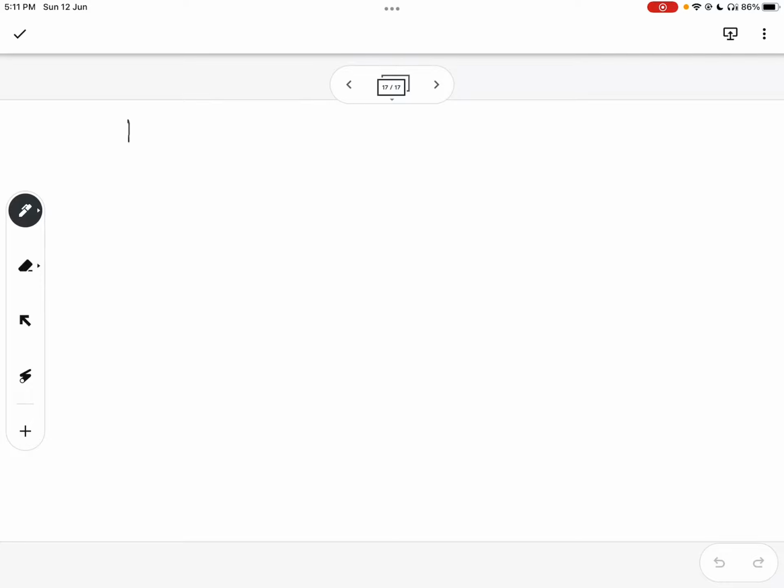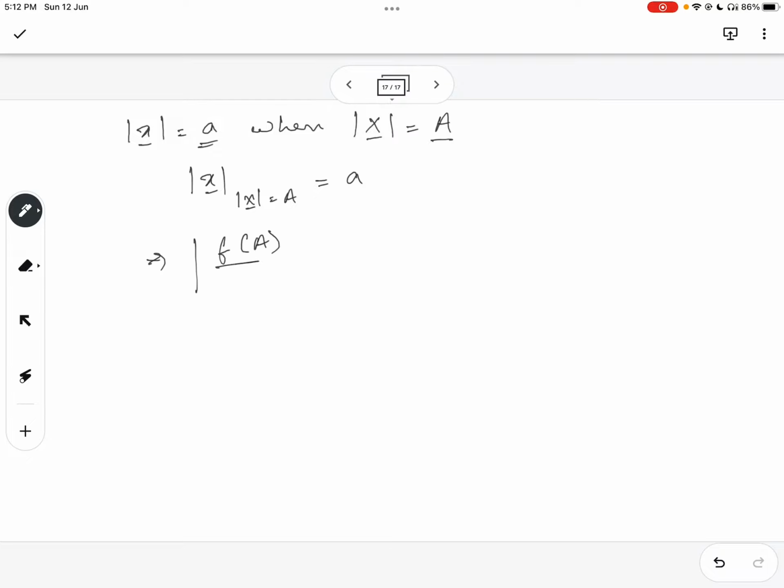So we know that mod of x is equal to small a when mod of capital X is equal to capital A. The spherical surface of the cavity of radius capital A is mapped via deformation chi to a spherical surface again, of the cavity of radius small a. Therefore f(A) is small a.